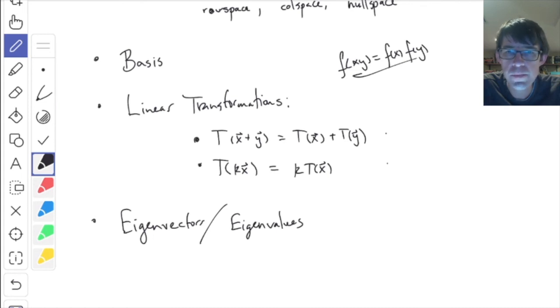Haley and Cameron were doing eigenvectors, eigenvalues all summer long, I gather. I don't actually know, but that's what it sounded like to me. Eigenvectors, eigenvalues are super important. If I give you a matrix, you should be able to find the eigenvectors and the eigenvalues. There's a procedure to do it. It's not terribly hard, but there are a lot of steps you just have to remember how to do.